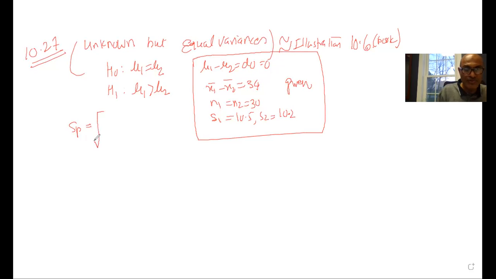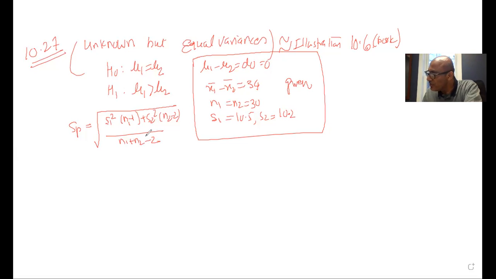SP is equal to, you can write SP square or SP equal to the square root of this one. So that is nothing but S1 square, N1 minus 1, plus S2 square, N2 minus 1, divided by N1 plus N2 minus 2. Let me just make sure, guys, about the formula. Yes, I think I'm right.